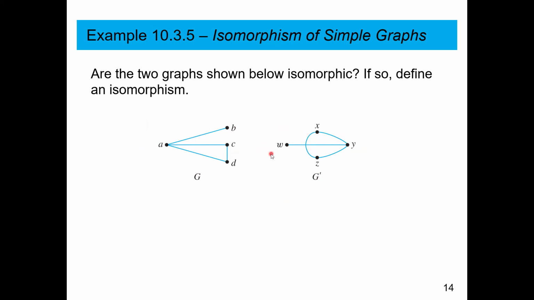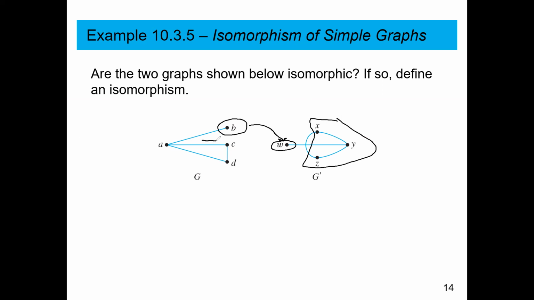And as we play through this, we start realizing what the isomorphism is. Namely, the isomorphism is going to take B, notice it's kind of this pendant thing hanging out here, and it's going to connect to W, which is also just kind of hanging out. And then notice that X, Y, and Z form what is called a clique, a complete graph on three vertices.